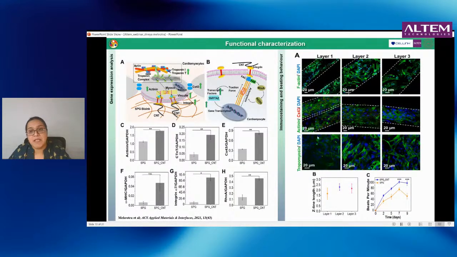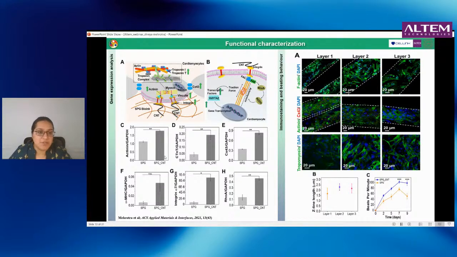Further, they also displayed properties important for the maturation of the heart tissue in the form of the sarcomeric structure, the gap junction proteins, and the gene expression of the genes responsible for the functioning of the cardiomyocytes: actinin and cardiac troponin, which are sarcomeric proteins, connexin 43, which is a gap junction protein for electrically coupling the cells so that they beat at the same rate, and alpha MHC, which is also a sarcomeric protein. So all of them were displayed.